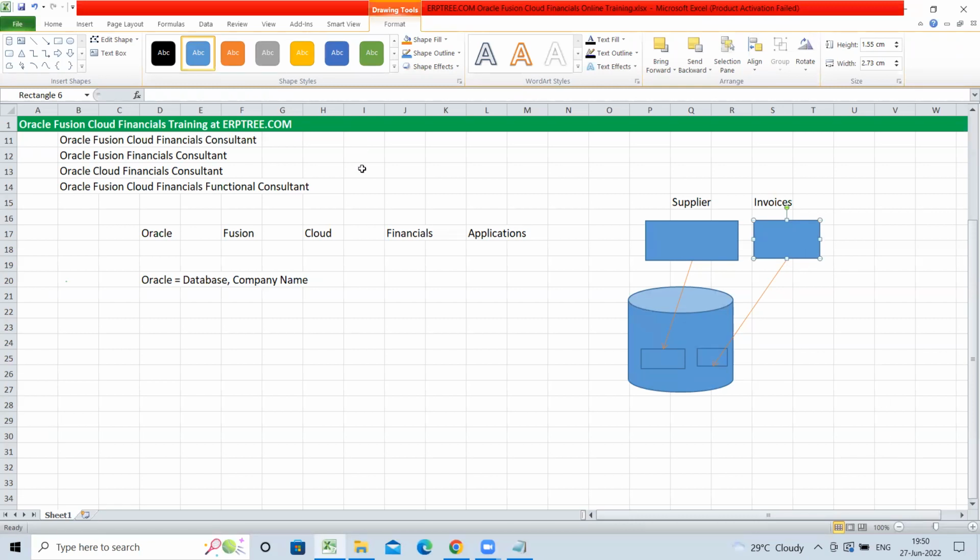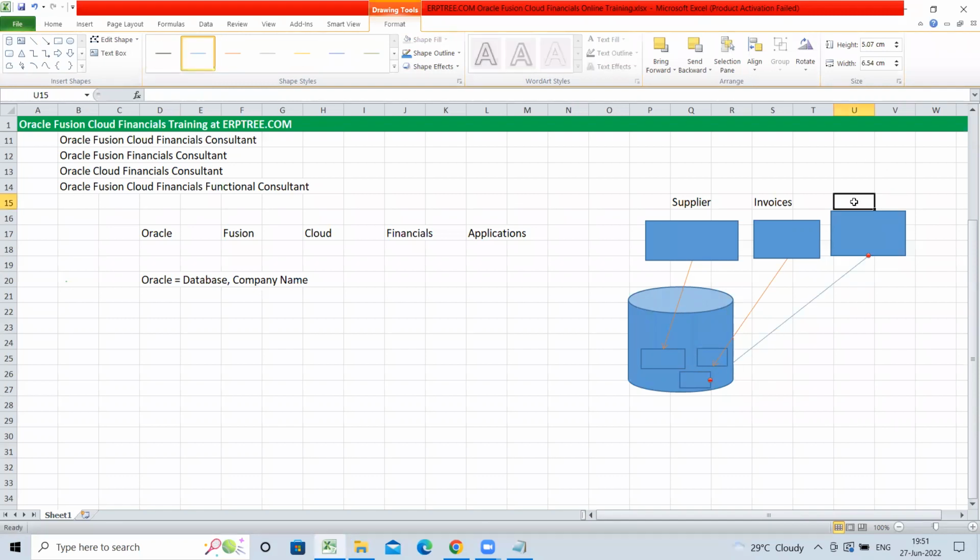In the same way, for payments, if they want to process the payment, we can have a separate page. You don't need to write SQL queries or SQL statements. Even if you don't know SQL, no worries. If you have pages, that is more than enough. This is how you can have a separate table for payments in the database. The payments page you can connect with the respective table.